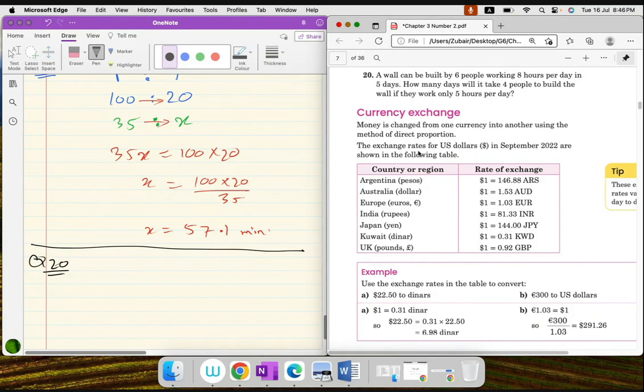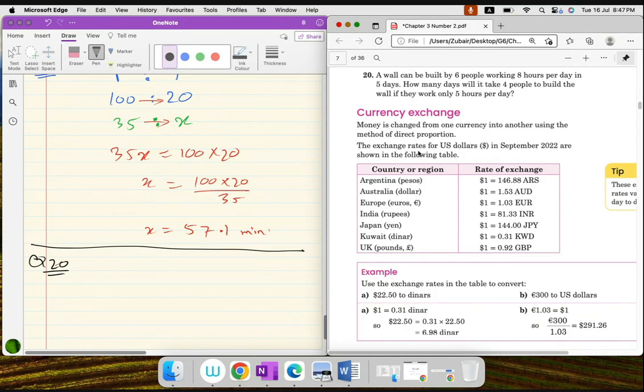Looking at the table, dollars to dinar, second last, KWD, Kuwaiti dinar. So $1 is 0.31 Kuwaiti dinar. So straight away, unitary method: 22.5 into 0.31, we get 6.98 dinars.